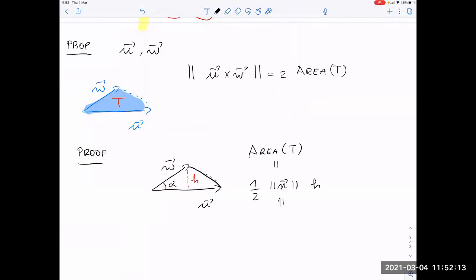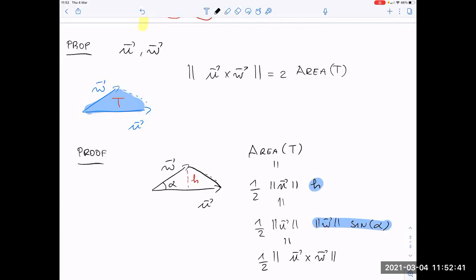So this is going to be 1/2 magnitude of U, magnitude of W, sine of alpha. And if you go and have a look at the definition of the cross product, this is the magnitude of U cross W divided by 2.